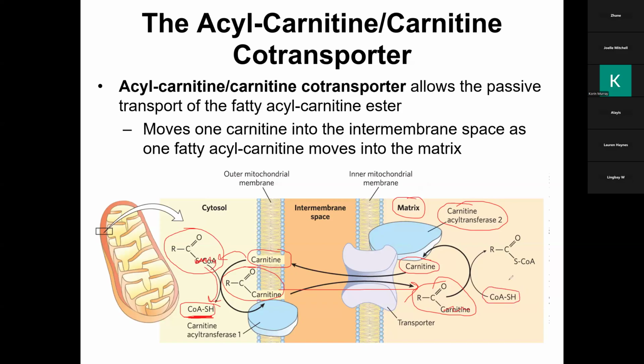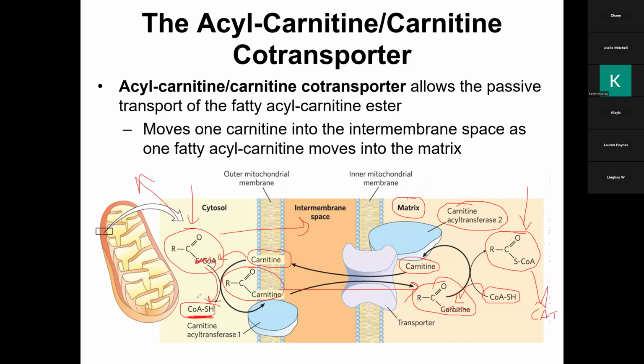And a CoA that is present in the mitochondrial matrix attaches to it, generating fatty acid CoA. And so you have a pool of fatty acid CoA in the cytosol that could go either direction. And you have a pool of fatty acid CoA in the mitochondrial matrix, which is only for catabolism.